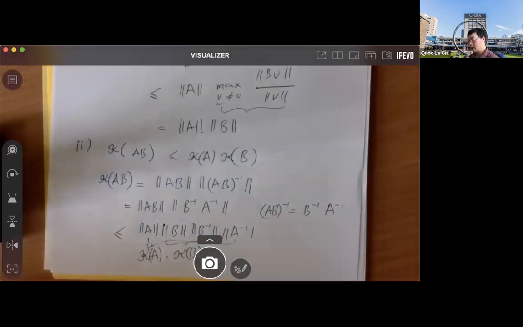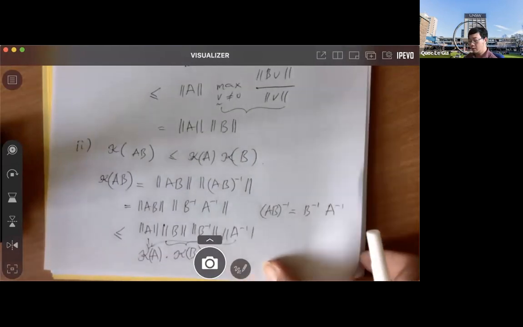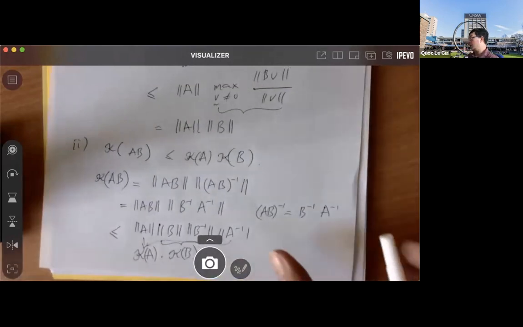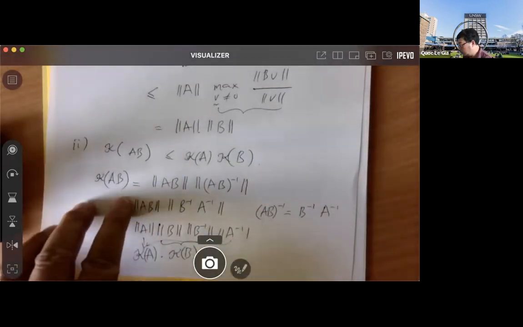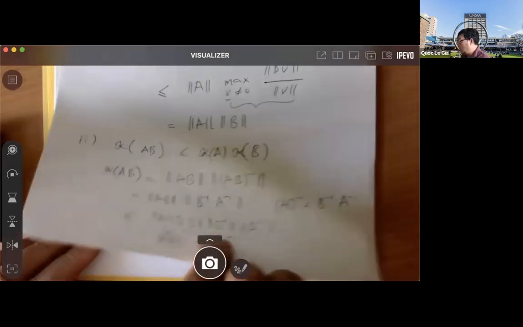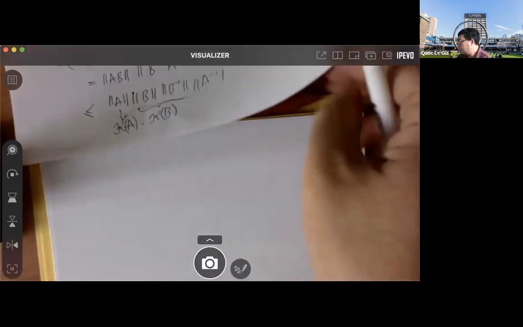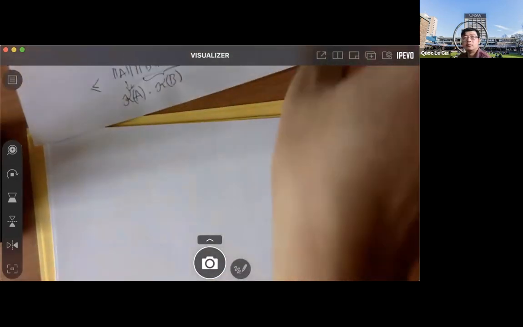Okay, so now the next one is the norm of the identity matrix.